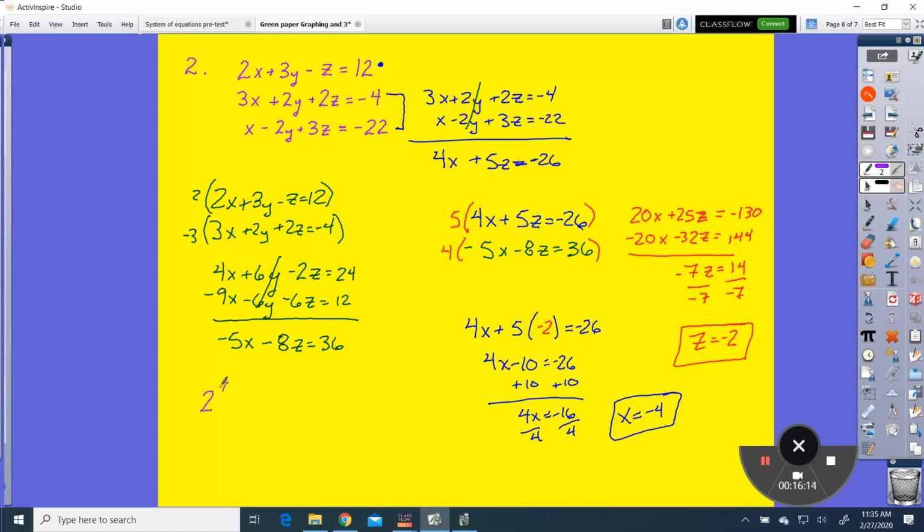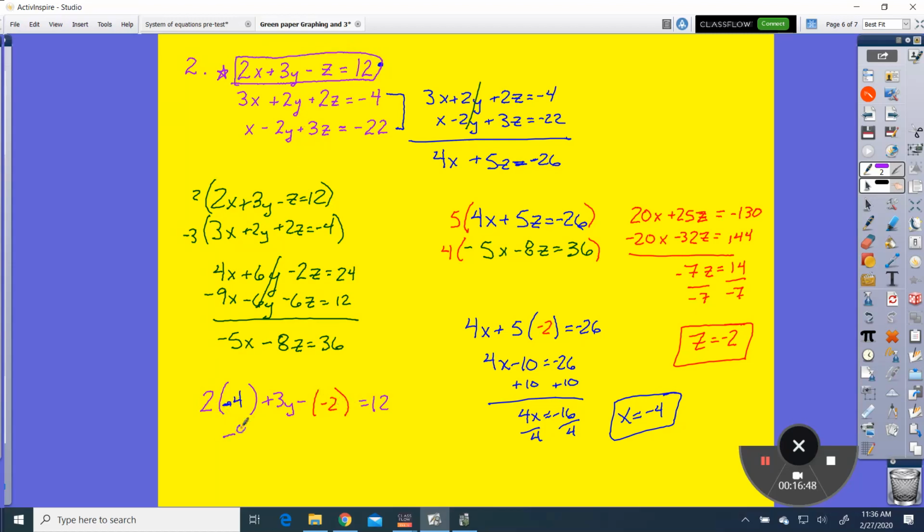So 2 times x, which we just discovered x is negative 4, plus 3y minus z, which we found out is negative 2, equals 12. So I've used this top equation and I've replaced x and z into here.